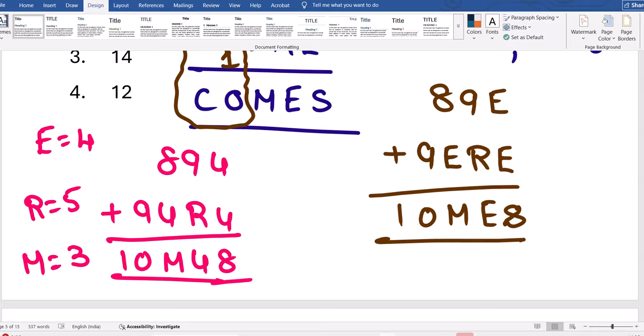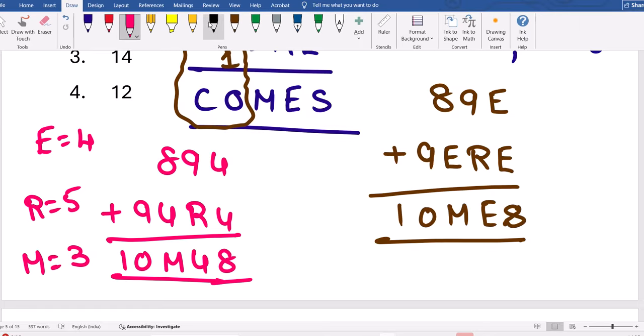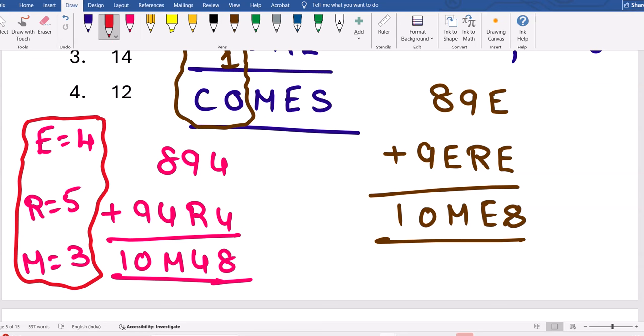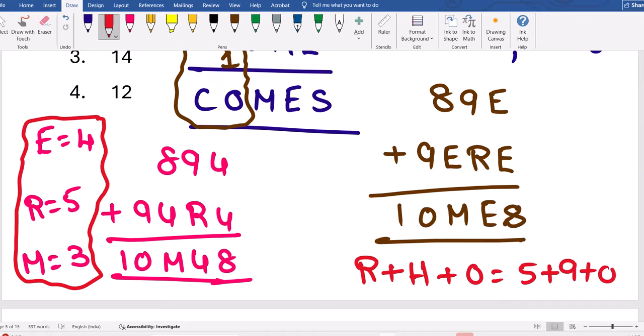From this we can decide R must be 5. 9 plus 5 is only 14. M must be 3. So see this. Now finally they are asking R plus H plus O. R is 5. H is 9. O value 0. It should be equal to 14.